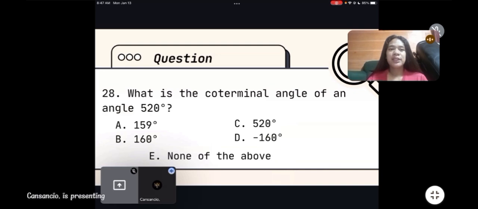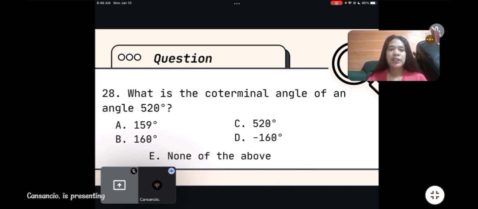What is the coterminal angle of an angle 520 degrees? A. 159 degrees, B. 160 degrees, C. 520 degrees, D. negative 160 degrees, or letter E, none of the above.